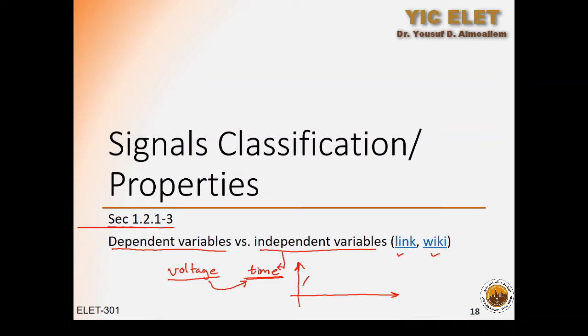So the voltage, is it increasing or decreasing or is it stable across time? This is what is meant by the independent variable. So we are trying to monitor across certain values. Now it is time, which is the horizontal axis, and we are trying to plot the voltage, which is the vertical axis, across that independent variable.